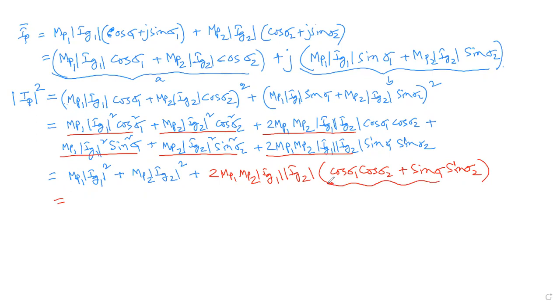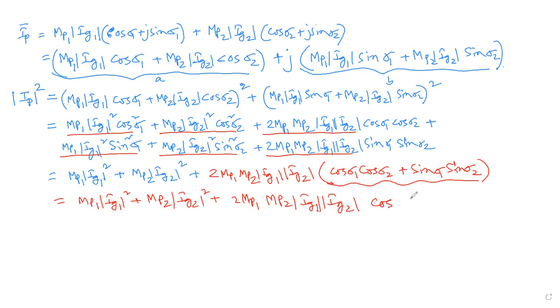This is something like cos A cos B plus sin A sin B. So you can write MP1 IG1 squared plus MP2 IG2 squared plus 2 MP1 MP2 IG1 IG2 cos of (sigma 1 minus sigma 2). This is what we will get for the pth branch current magnitude squared.